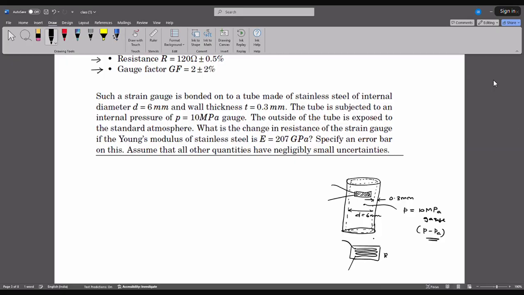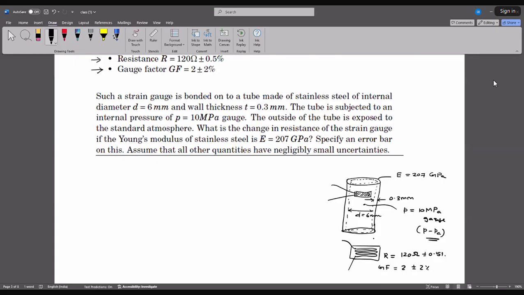Resistance of this is given 120 ohm and plus minus 0.5%. Gauge factor is given 2 plus minus 2%. The stainless steel E is given 207 gigapascal.